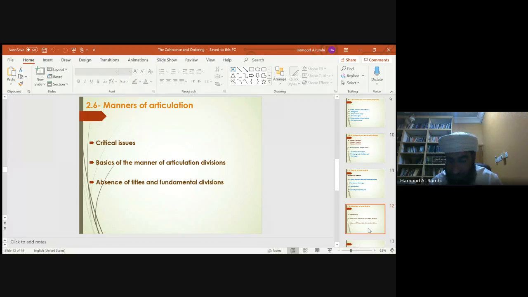Arab linguists realized that determining the place of articulation was not sufficient to describe the characteristics which distinguish one sound from another. Therefore, there is another element that contributes to describing the characteristics of the sounds.